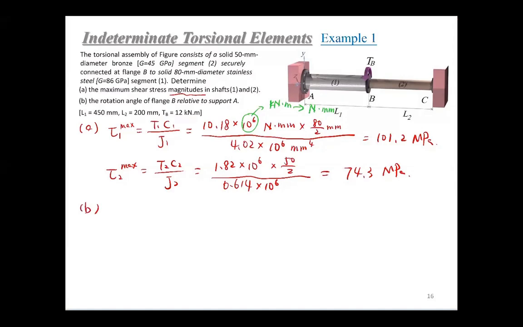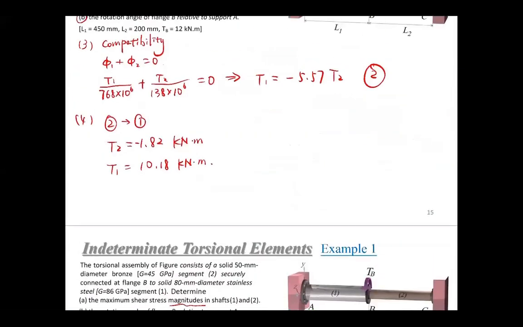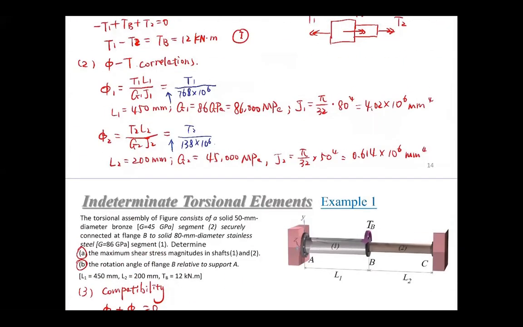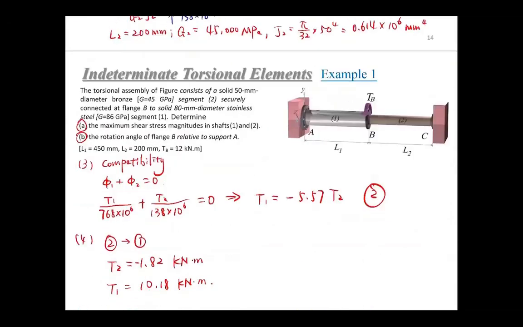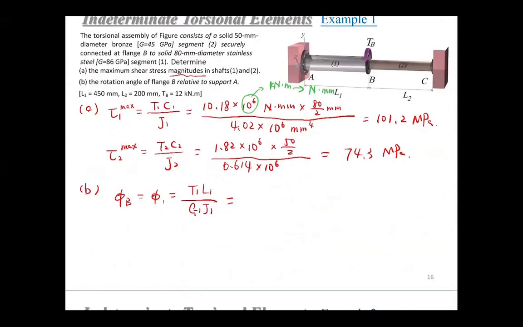Then step B, we're calculating phi B, right? Phi B equals phi 1, right? This will be T1 L1 over G1 J1. Okay, this has been simplified into here, right? Just T1 over 768 million.